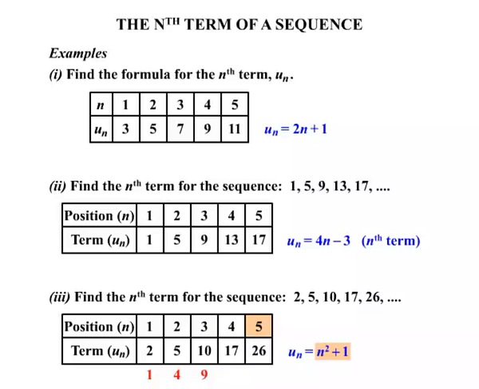When n is 5, 5 squared is 25, and then adding 1, we get 26. Excellent. So there is our nth term. So we say un equals n squared plus 1, where un is our nth term.